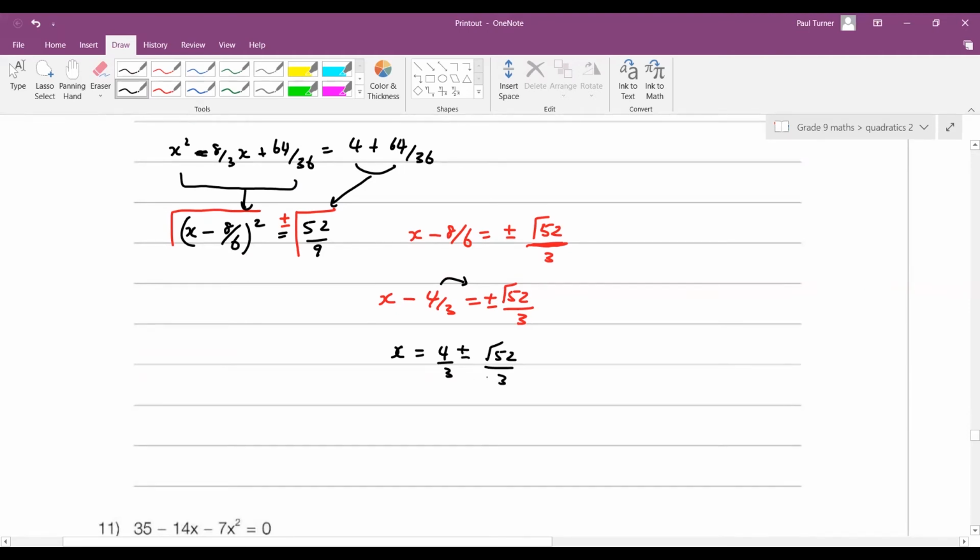So you have a common denominator, don't you? So that's quite convenient. So 4 plus or minus root 52 on 3. So you're going to get then your 3.74 and your minus 1.07 as your final answer for that one.